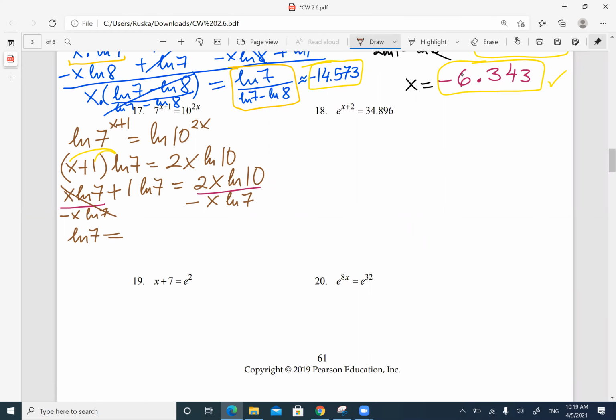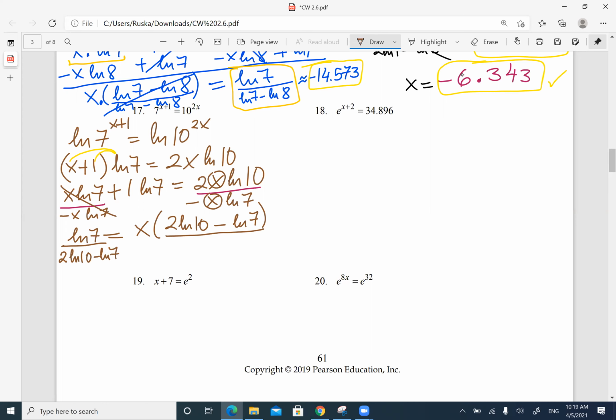equals, now here we're going to factor out x, remember? So it's going to be x times (2 ln of 10 minus ln of 7). And then here I need to divide by this to get only x by itself. So I need to divide by 2 ln of 10 minus ln of 7.